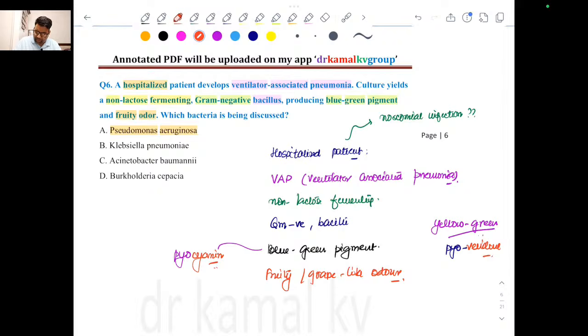That it's a pigment producing bacteria. Clear? And fruity or grape like smell. So that's all classical description of Pseudomonas aeruginosa. Very good Gaurav, very good Priya. So please remember this, very important and very favorite for exam setters, Pseudomonas aeruginosa.